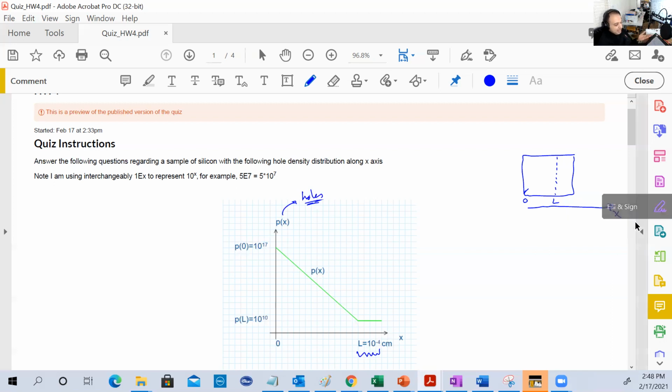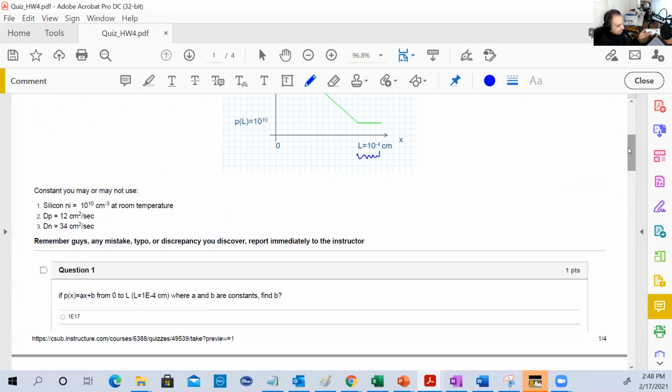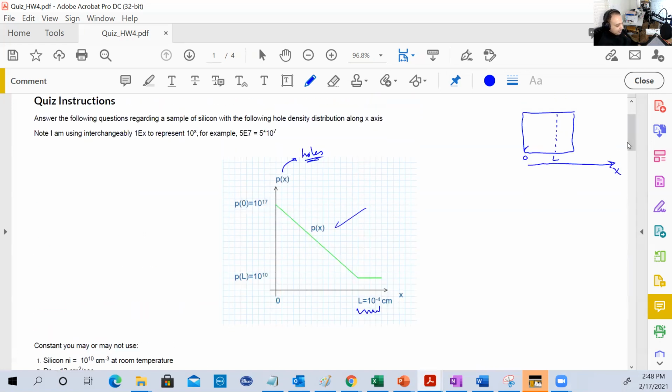So basically, this one can be written as Ax plus B. I'm pretty sure, and I hope I'm right, that you can get A and B. You can construct this relation based on that figure here.